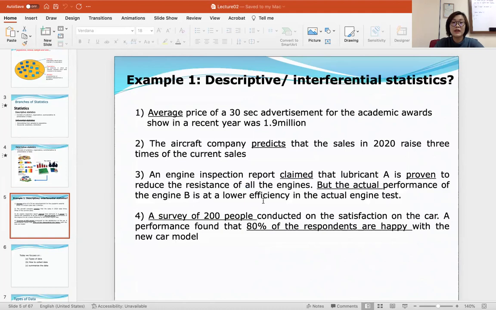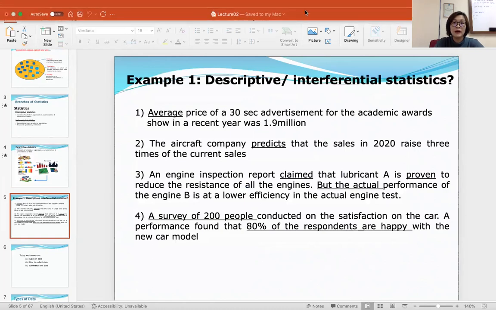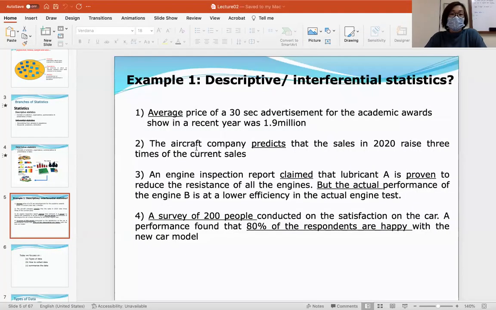So this is some of the examples to differentiate descriptive and inferential. Right, let's have a look at how to differentiate between inferential and descriptive. When you look at the sentence, question number 2 is about predicting, which means they don't have strong figure data to represent the things.